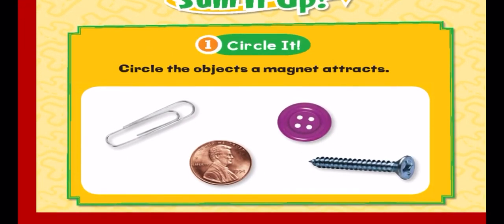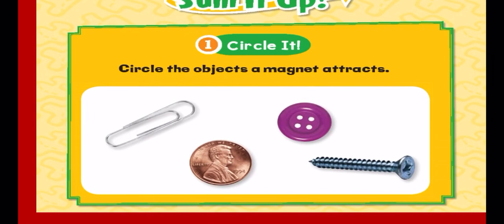Question number 1. Circle the object a magnet attracts. Can you see the paper clips? The coin or the penny? What about the button? And this screw? What do you think? Which of these objects a magnet attracts?